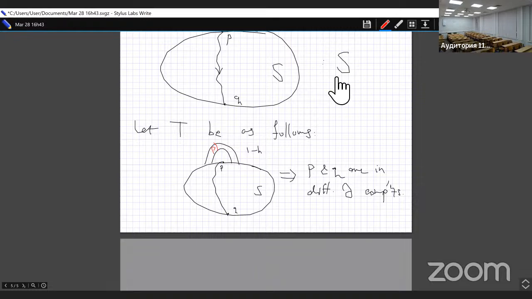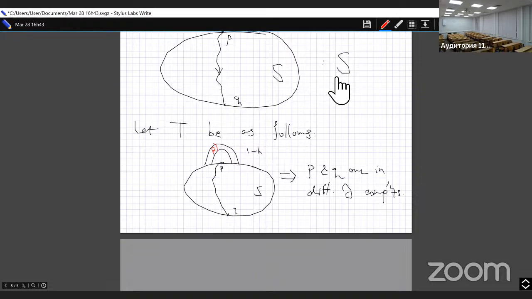I guess I don't need to formally define this here, but if you want to be precise, this one is the belt sphere. So choose beta joining two points of the boundary of the one handle, which is transverse to the belt sphere of our one handle. So the picture is like this.